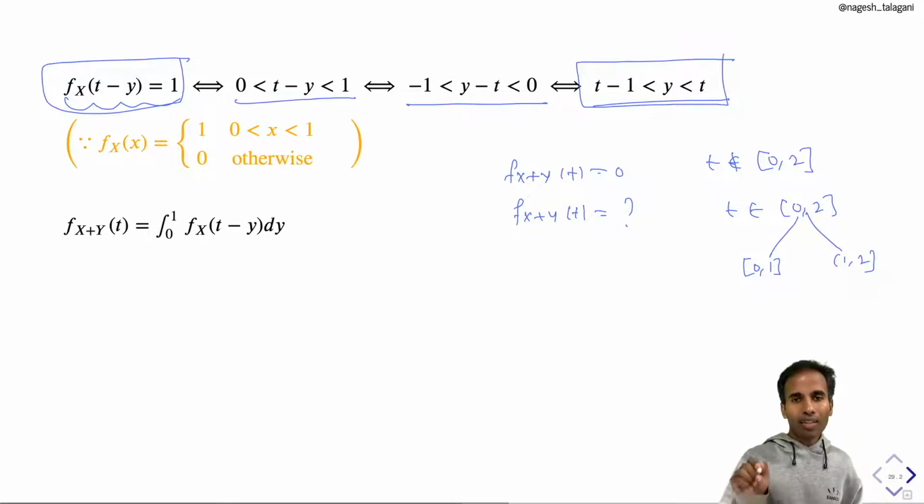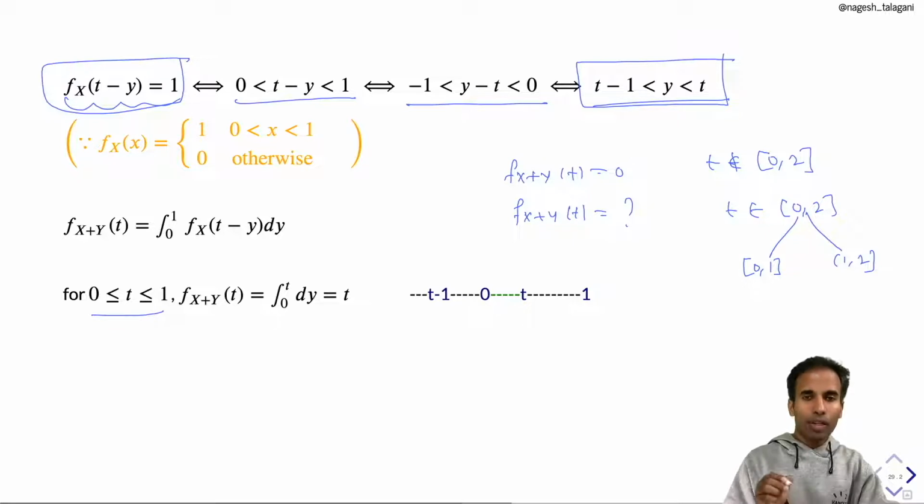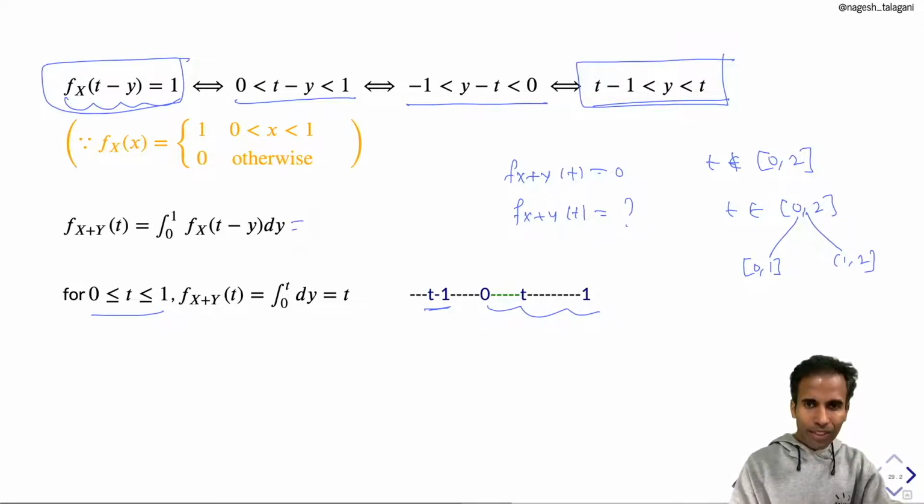Okay, let us look at case 1. For 0 ≤ t ≤ 1, that is, t is between 0 and 1 like this, then t − 1 will be less than 0. It will be on the left side of 0 like this. First of all, let's break down this integral into two parts: the integral from 0 to t of fX(t − y) dy plus the integral from t to 1 of fX(t − y) dy.